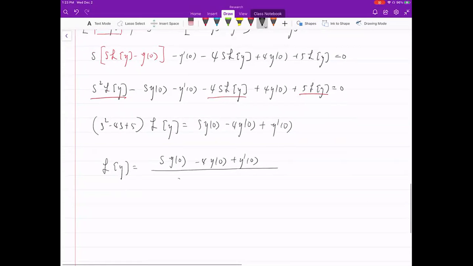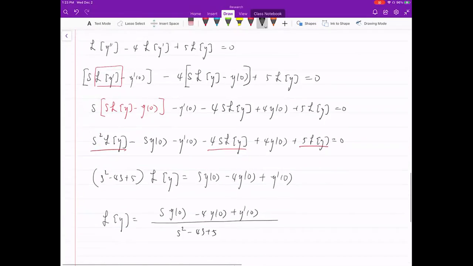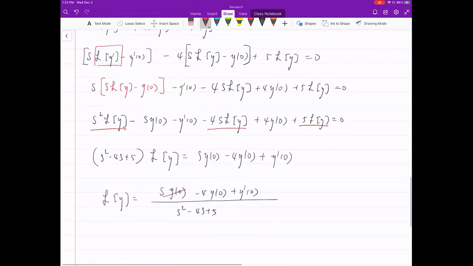Okay. The rest is to plug in the initial values. So this is 0, this is 1.